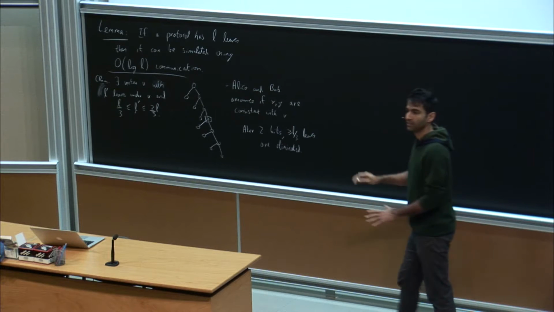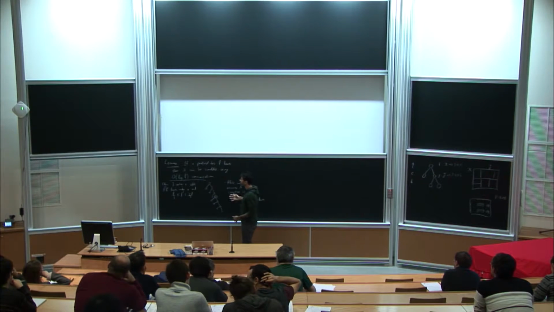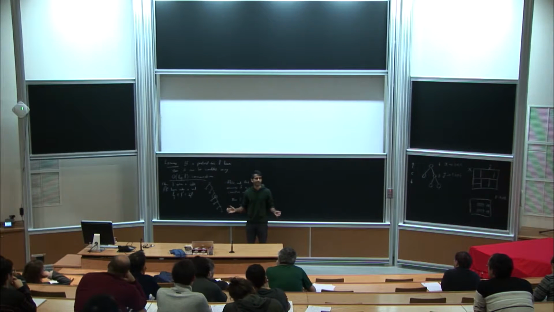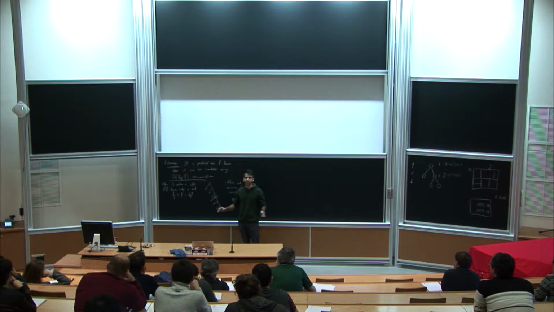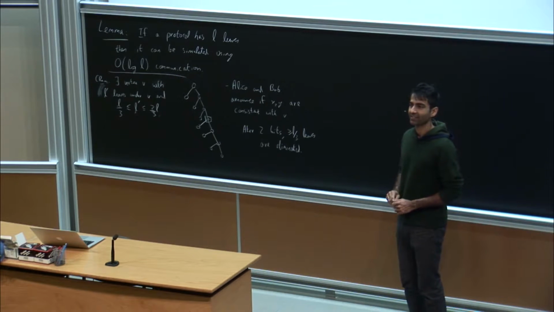Okay, and that's basically the proof. So they just keep repeating this. So in every step, they'll send 2 bits and get rid of a constant fraction of the remaining leaves. After order log L steps, they'll have eliminated all the leaves. Okay. Any questions?